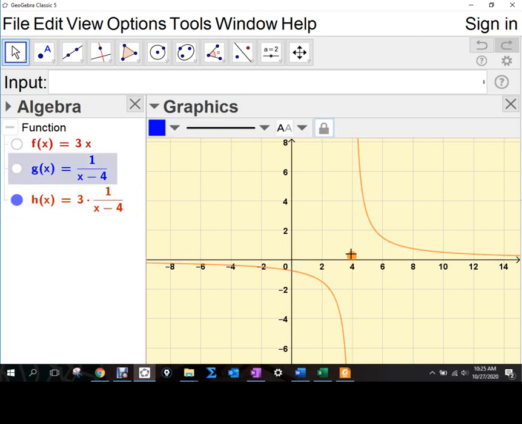So if there was an asymptote at 4, when I stretch this one by a factor of 3, there's still an asymptote at 4, and that's why the domain of f of g of x had a problem at 4. Is that okay with everybody? Okay. Now, that was f of g of x. Let's go g of f of x.